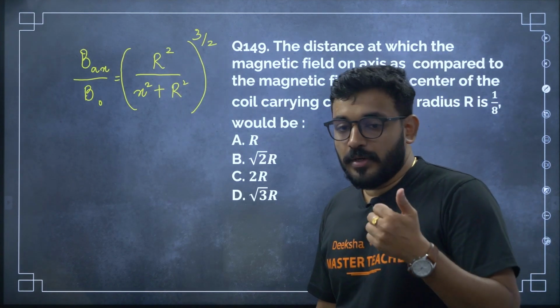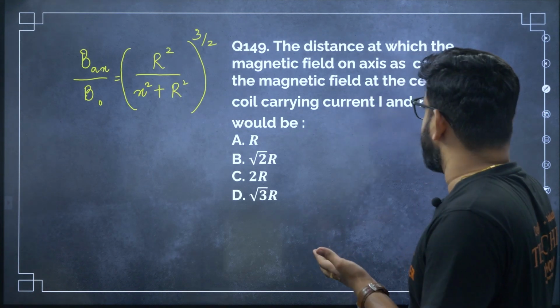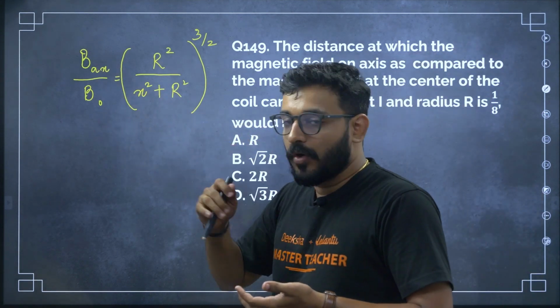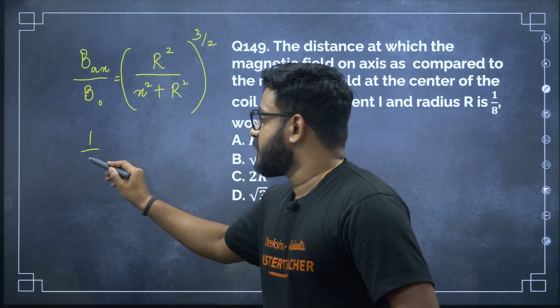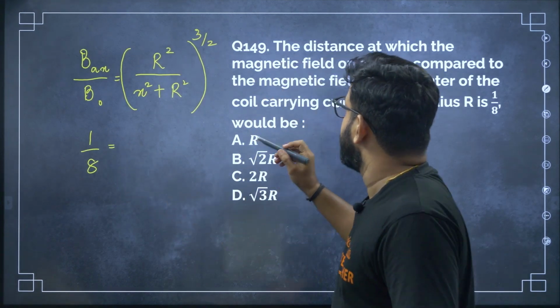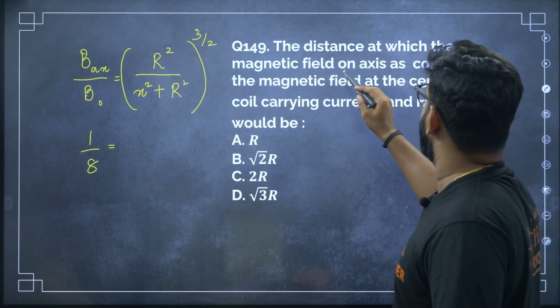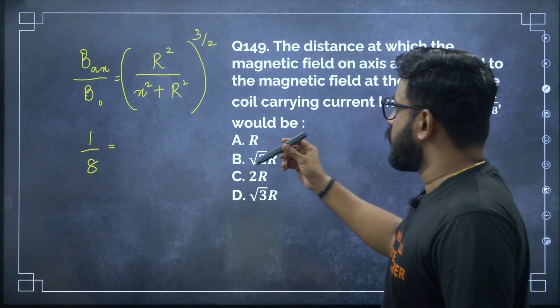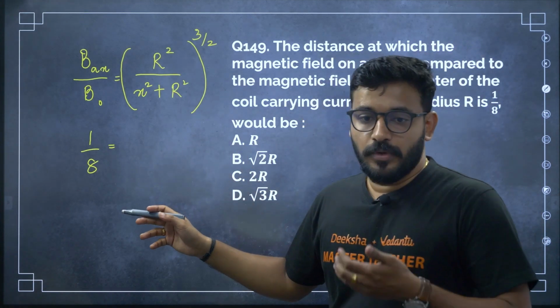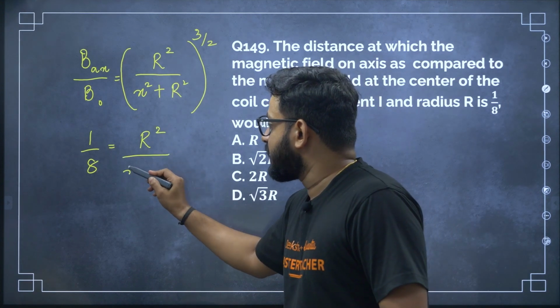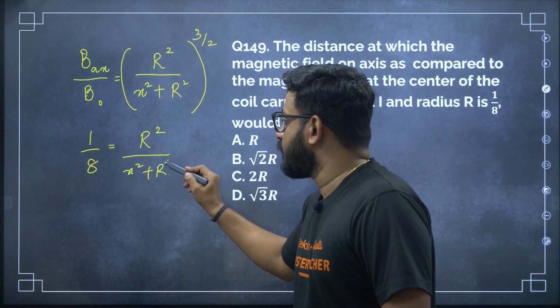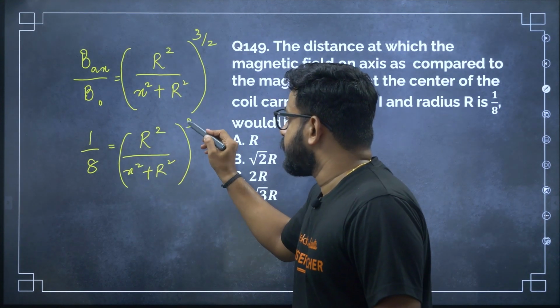Okay, so now you can substitute, the ratio is given, that is 1 by 8. Bx by B naught is 1 by 8. So you can substitute this and then find the distance at which the magnetic field is that. You have to find the x value. So r square divided by (x square plus r square) whole power 3 by 2.